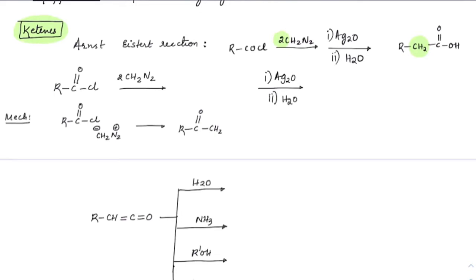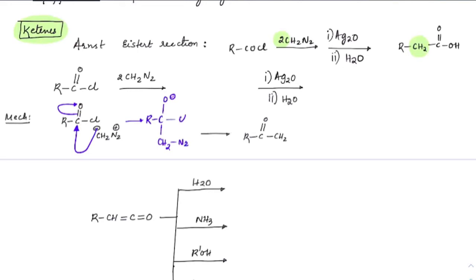Now let's see how the mechanism takes place here. This is the structure of diazomethane. We'll have CH2 minus bonded with N triple bond N. So that would attack on this carbon. First, we will get RCO minus, CH2N2 plus, and Cl.